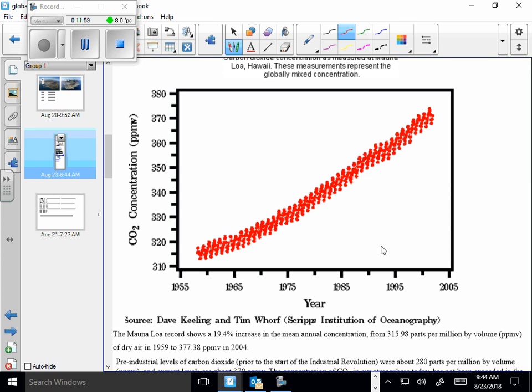They measure it in parts per million. That does seem to have a positive slope to it. As time has gone by, the amount of carbon in the atmosphere seems to be increasing.